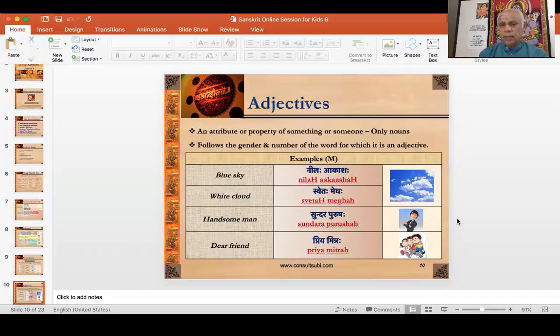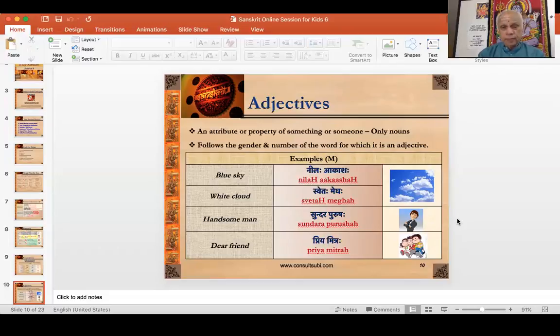Akasha here is the noun and Neelaha is the adjective. Neelaha Akashaha. The cloud is white. Swetaha is white. Megaha is cloud. Megaha is noun. Swetaha Megaha. It means white cloud.